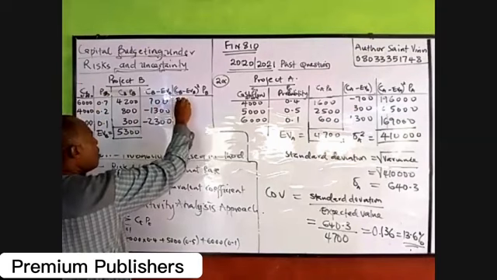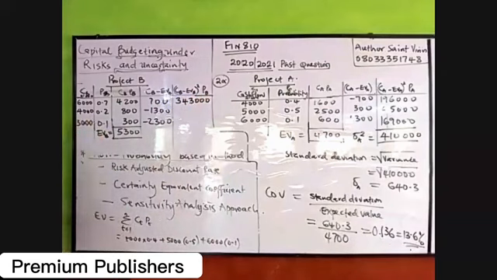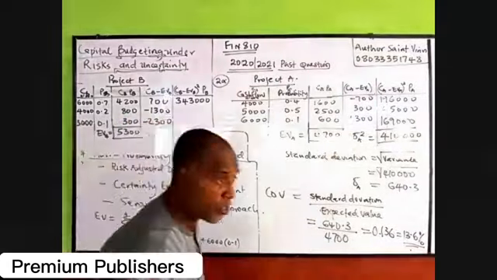Somebody else: 3,000. Okay? Yes, 1,300 times 1,300. That's why I say, in the exam, don't put the minus. Minus times minus has always been plus.